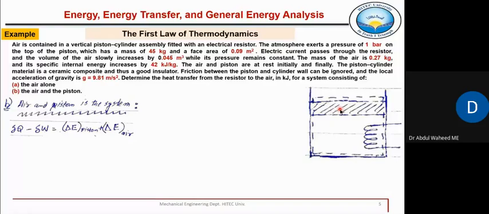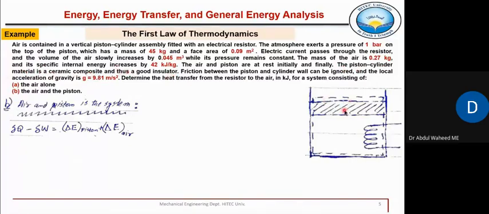Third term is delta U of piston. Delta U of piston means if piston is absorbing some of this heat from the air, because heat is transferred to the air and it is heated up, then some heat may be transferred to this piston. But what is something special written for piston? Here you see the piston cylinder material is a ceramic composite and thus a good insulator.